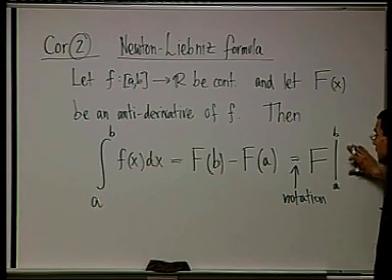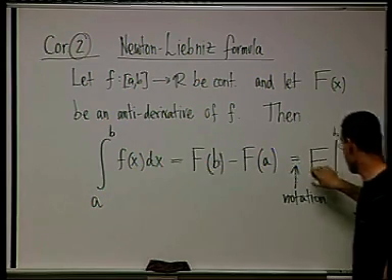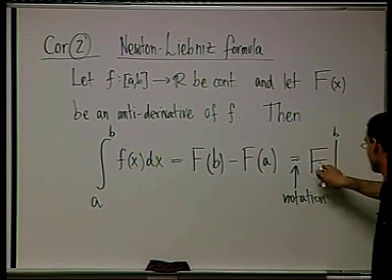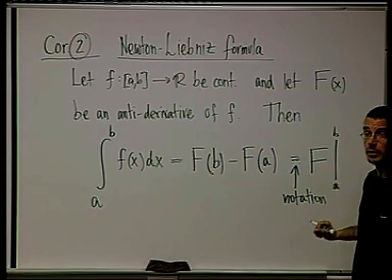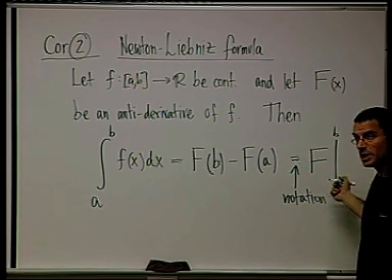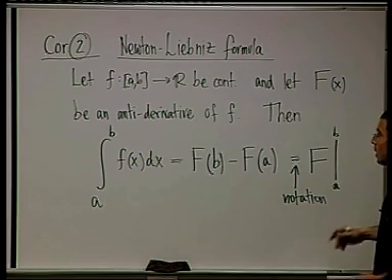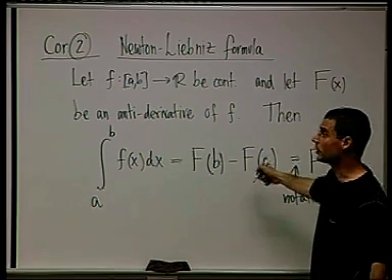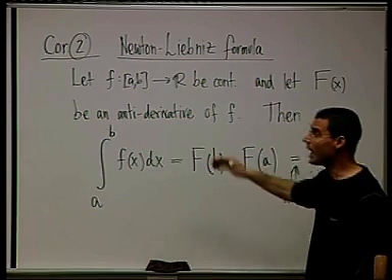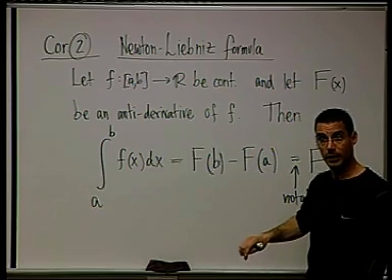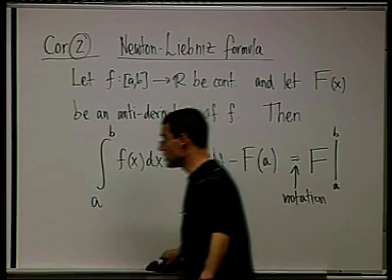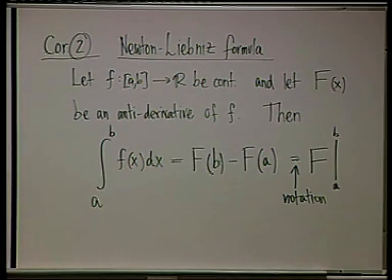This is the way I'm going to denote just the difference, F at b minus F at a. Are you familiar with this? Good. So I still need to prove this. It's going to follow in 2 lines from the fundamental theorem. But maybe before we prove it, let's do an example.